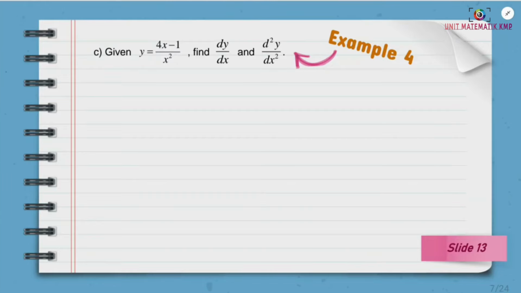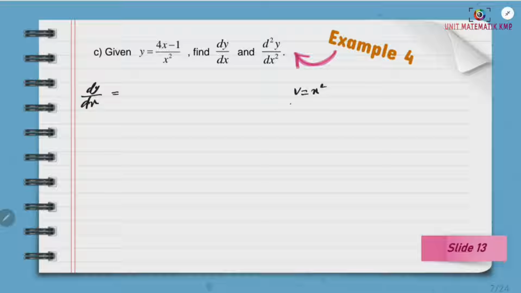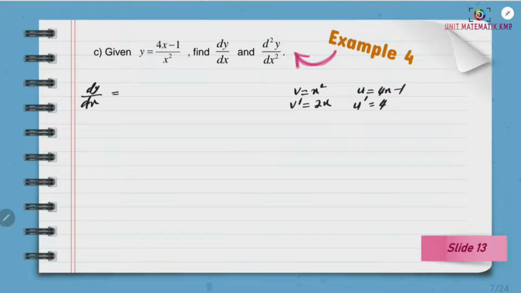For example 4c, given y equal to (4x minus 1) divided by x squared. The question is, find dy/dx and d2y/dx squared. First, find dy/dx by using the quotient rule. So, we write v equal to x squared, v prime is equal to 2x, and u equal to 4x minus 1 and u prime equal to 4.